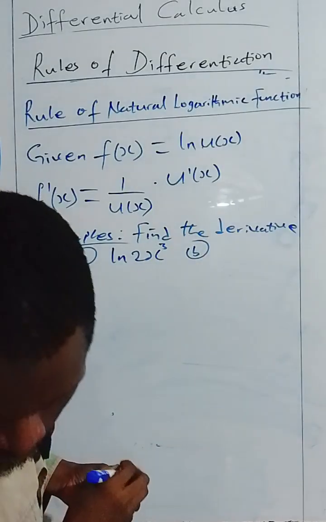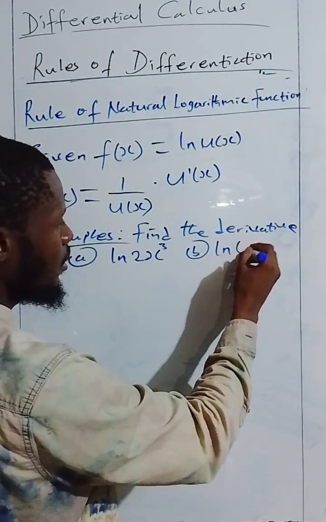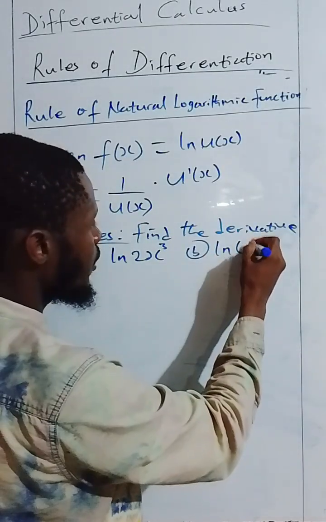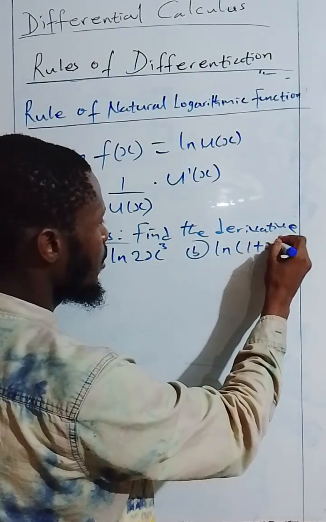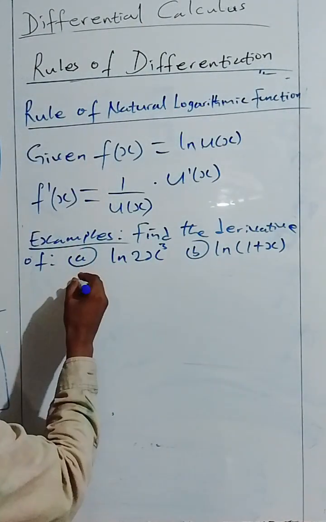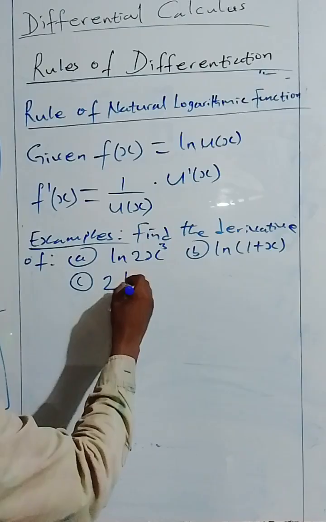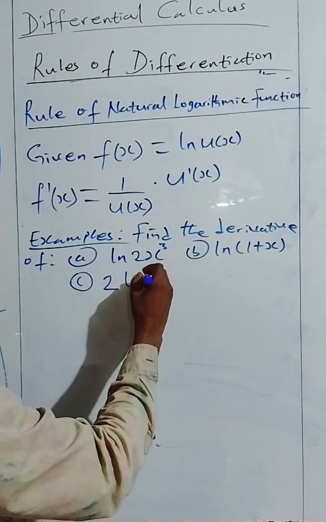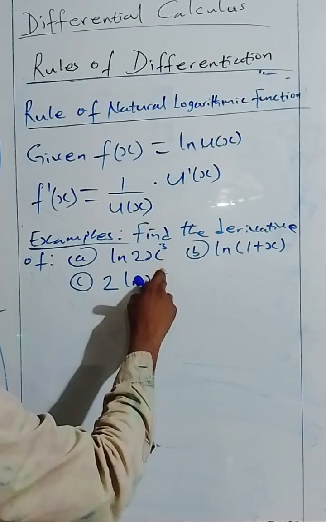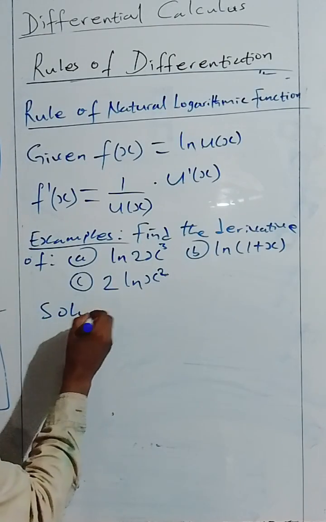B: ln of 1 plus x. Okay, let's take another one. C: 2 ln x squared, as the case may be. So let's apply this rule. Solution.